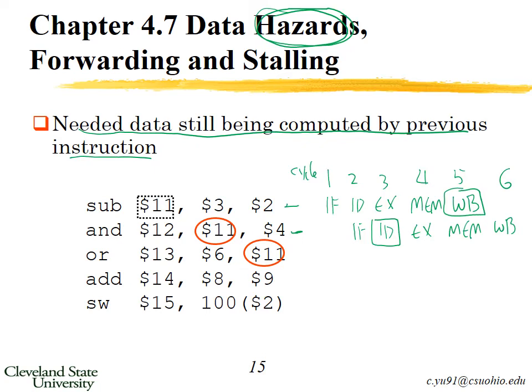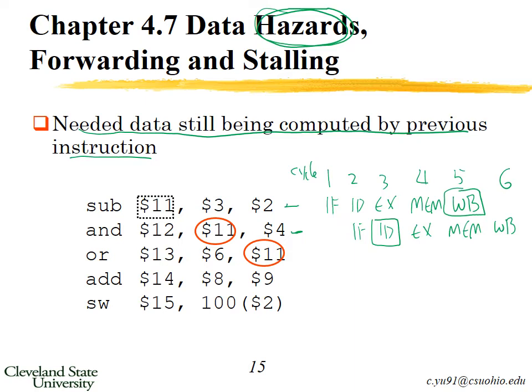So the needed data is still being computed by a previous instruction. For example, in this instruction sequence, for the subtract instruction, register 11 is the destination, and in the following AND instruction, register 11 is one of the source registers. The subtract instruction goes through IF, ID, EX, MEM, WB.